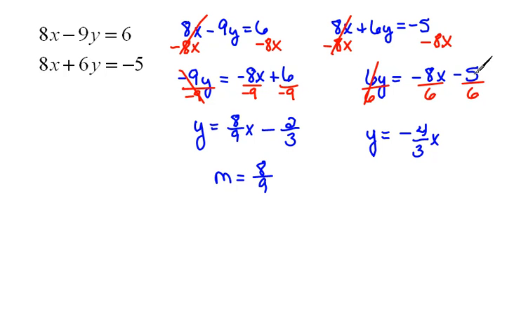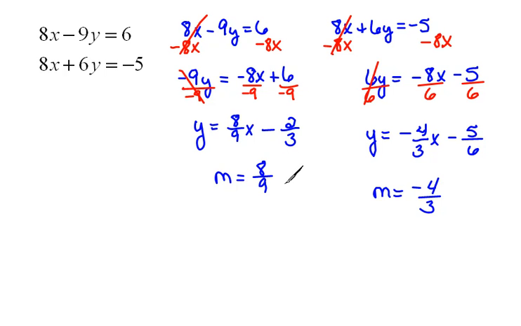And then we have minus 5 over 6. Or you could again look at it as a negative divided by a positive is a negative, and 5/6 will not reduce down any. Our slope here is negative 4/3. That's what's in front of the x. Okay, now looking at these, they are not parallel.